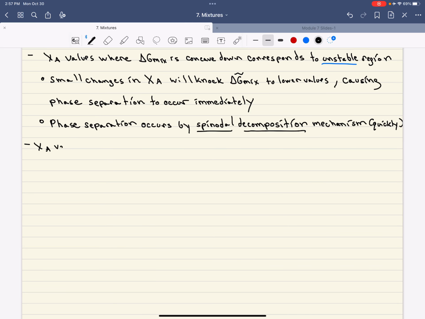XA values between XA prime and XA dagger, and XA double prime and XA double dagger, we call the metastable region.